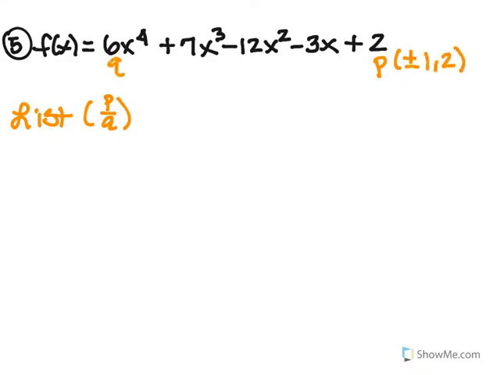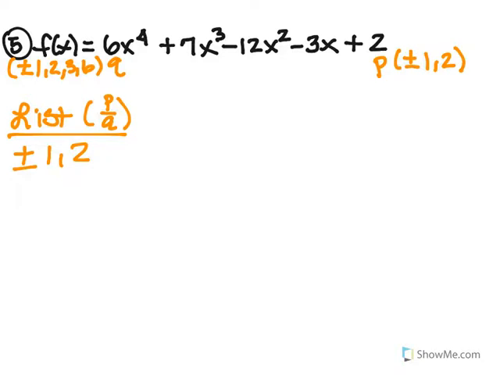My Q would represent the factors of the first number, which is 6, and that would be positive, negative 1, 2, 3, and 6. So when I do my list, my top numbers, my whole numbers, are only positive, negative 1 and 2. Those are the only P's I got. That's the only tops you should have.